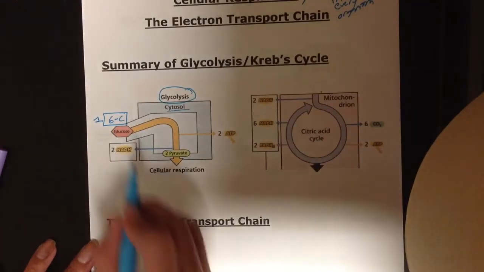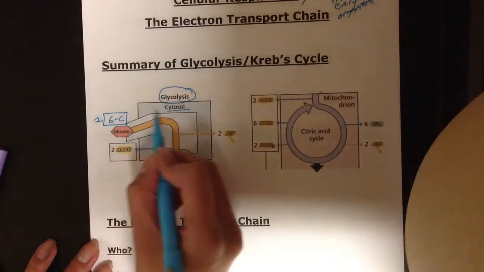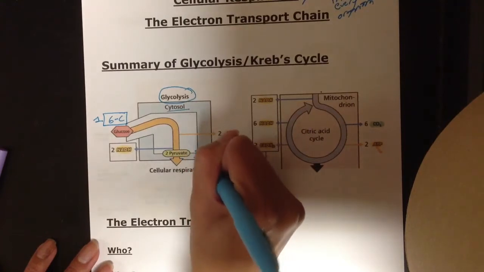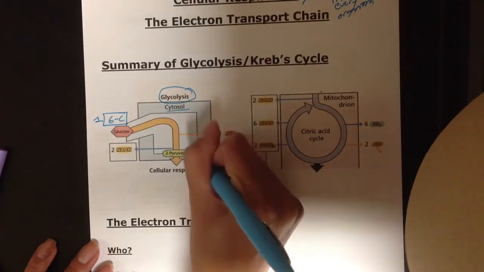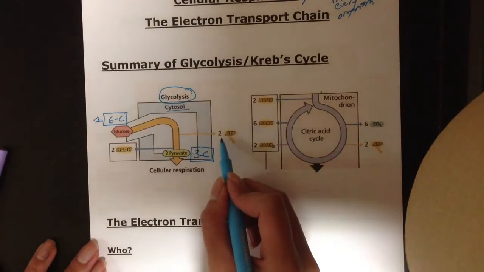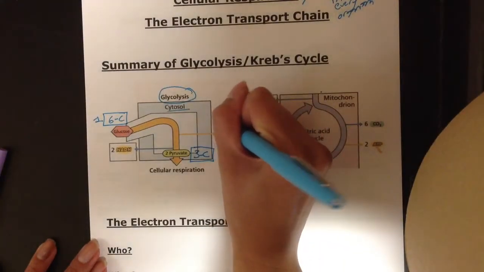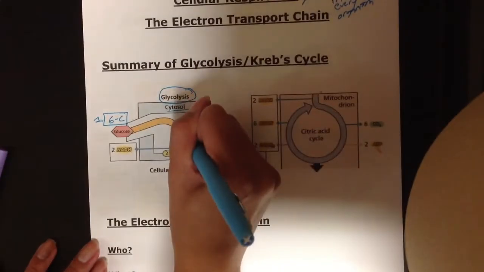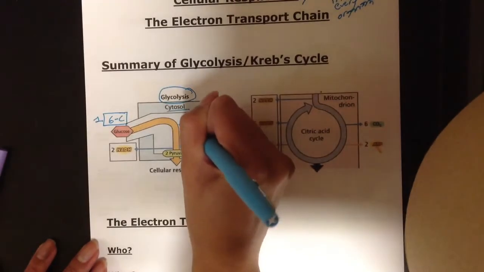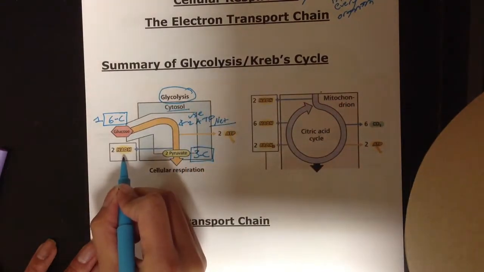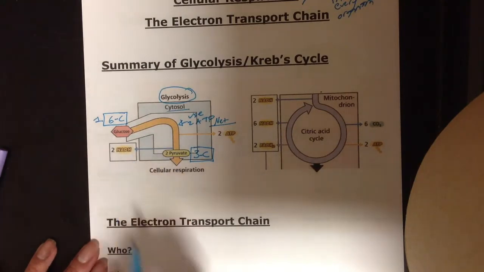We convert the glucose into 2 pyruvate molecules, which are 3-carbon molecules. As a product of glycolysis, we will produce 2 net ATP molecules, because we did have to use 2 ATP. And we also make 2 NADHs, which are the electron carriers that we need.